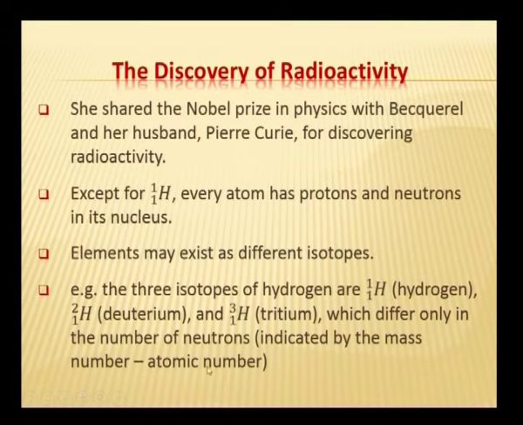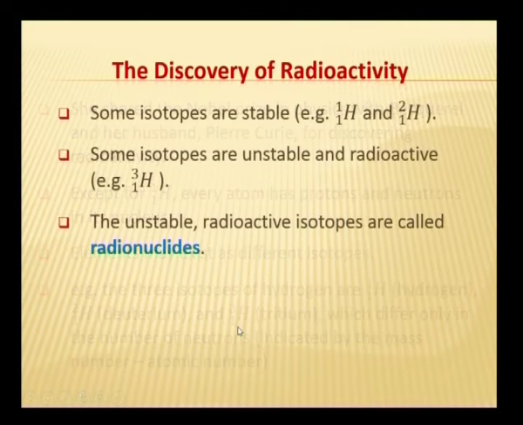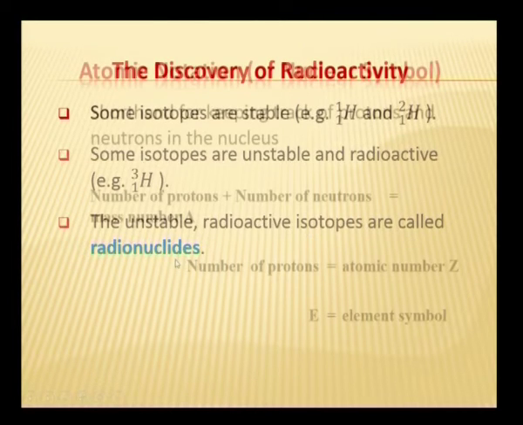That is the mass number, this is the atomic number. Okay. So, the isotopes here are stable. Some isotopes are unstable and radioactive. Example, these are unstable and radioactive. The unstable radioactive isotopes are called radionuclides.